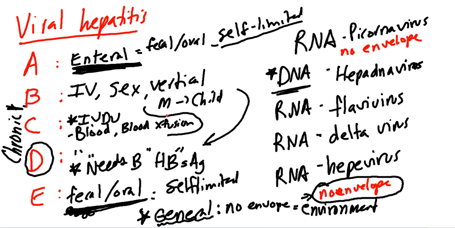If you have hepatitis B virus, you need to be on the lookout for hepatitis D co-infection. You can't get the hepatitis D infection alone in most circumstances. You can get a super infection, but that's beyond the scope of what I'll talk about today. To co-infect, you need hepatitis B for hepatitis D. Okay, that is an important point that you should know.